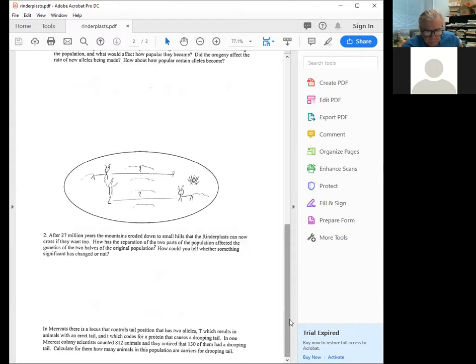So I did 130 divided by 812. Correct. And you got 0.16, right? Yes. Okay. What's the square root of 0.16? Is it 0.4? Oh, yeah, you're right. I thought you said 0.04.